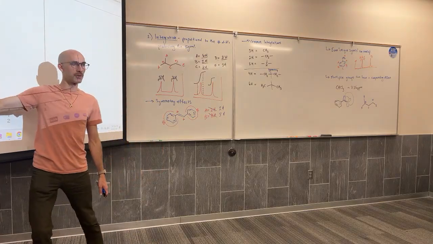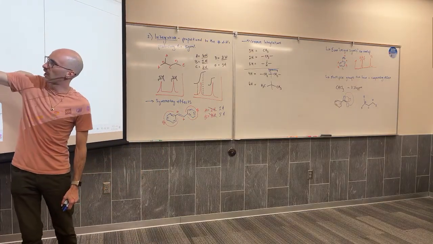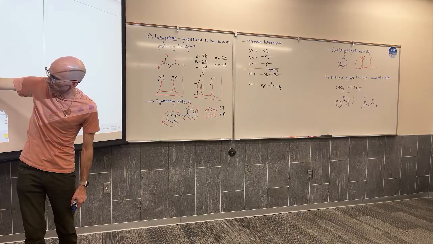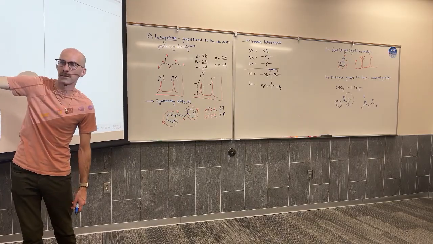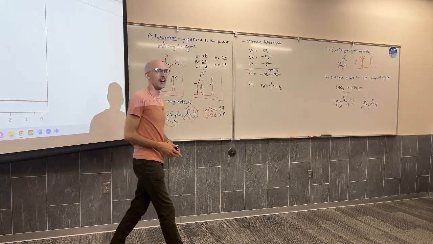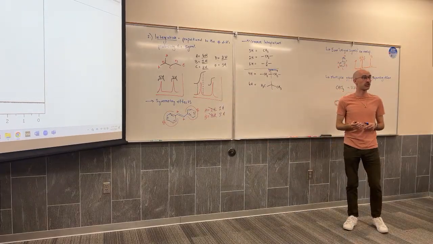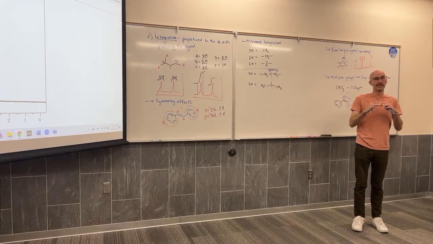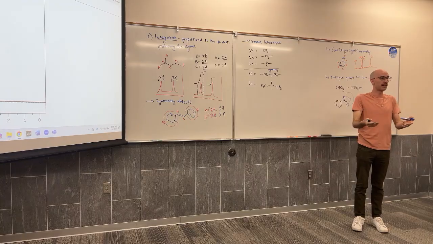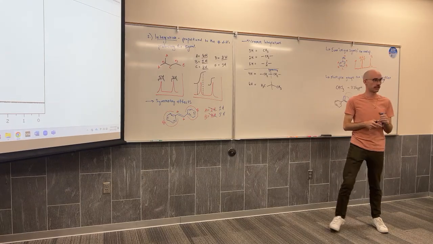If we went to the computer and we said, all right, I know that this is one signal, and then I'm just going to treat the rest of this as one, the computer doesn't know what to set their integrations to. It is totally arbitrary what value it has. So we normalize the integrations.